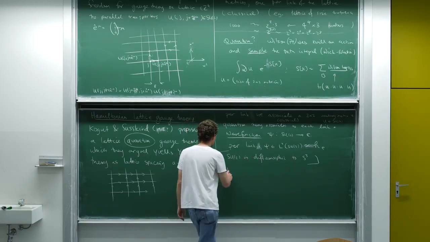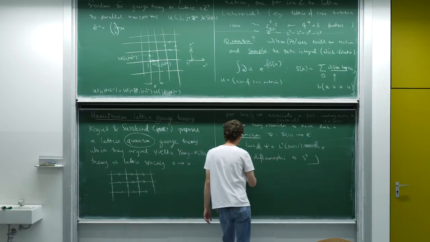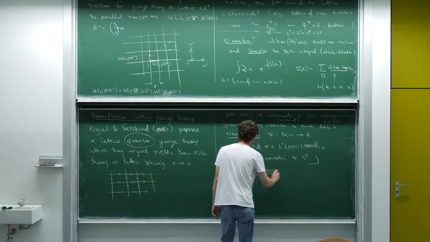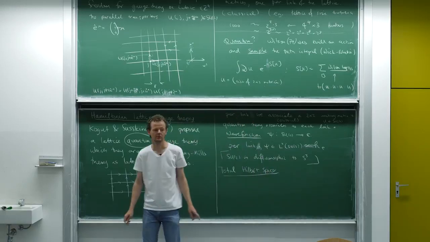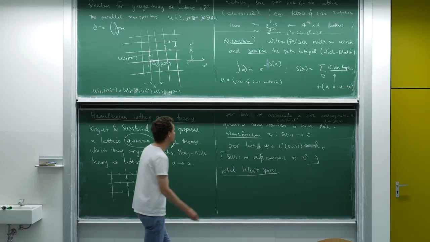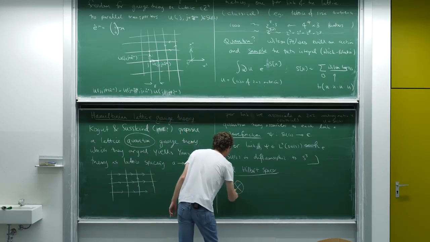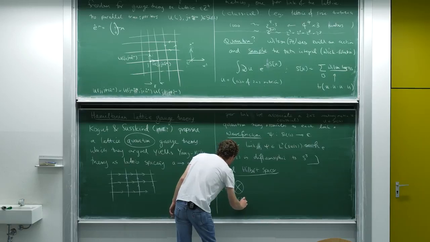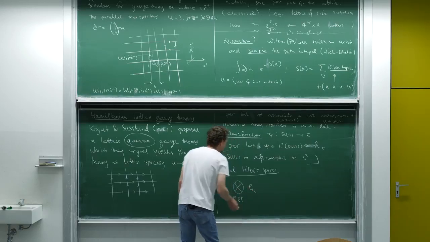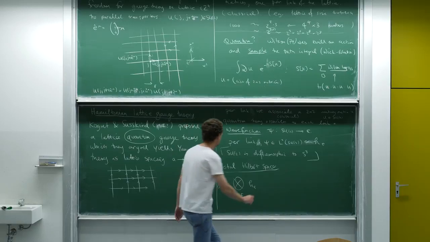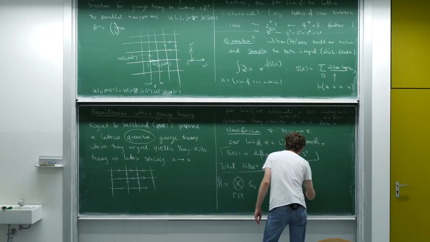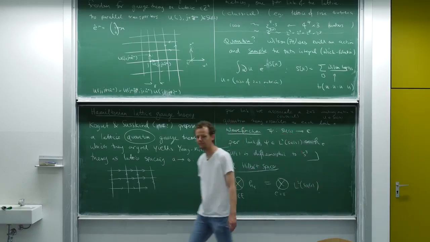So the total Hilbert space that this Hamiltonian of Kogut and Susskind will pertain to, that total Hilbert space is just the tensor product over all the edges or links in the lattice of this H_E. That's the Hilbert space.